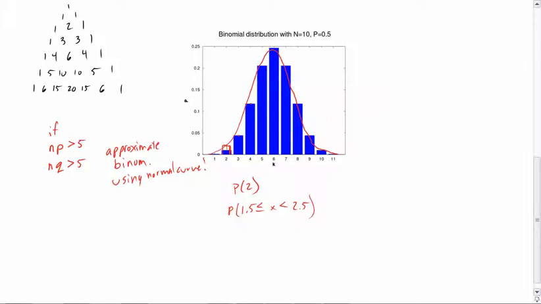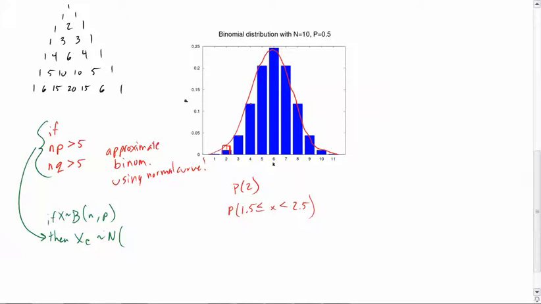So if we have a binomial distribution, so our random variable is binomial with n and p, then we can approximate with a continuous distribution using a normal curve. And remember, the normal curve needs the mean and the variance.